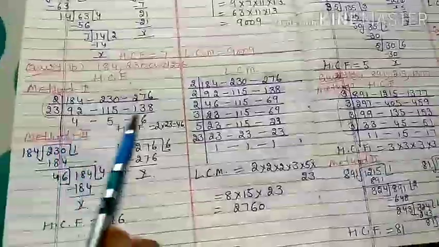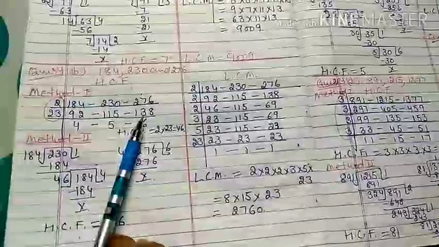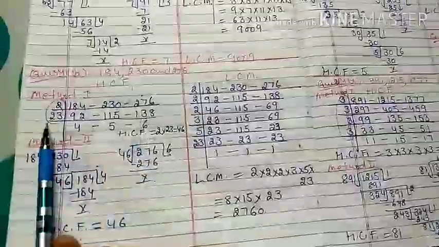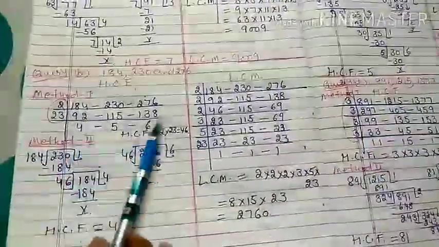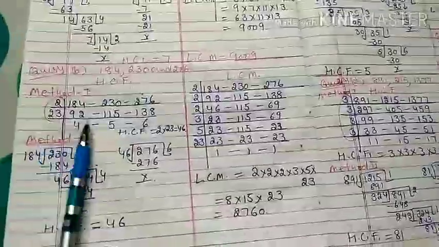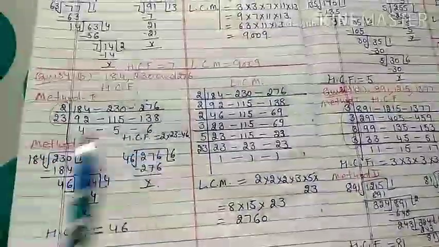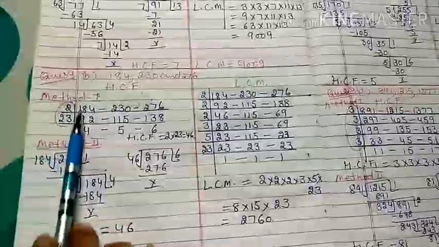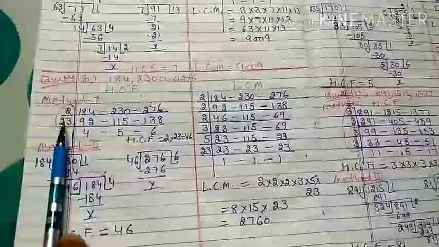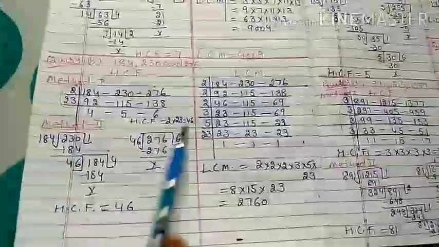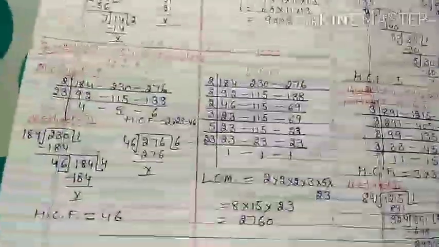After that, the terms are not divisible by 3, 5 or any other number. The common table of these three terms is 23. 23 4s are 92, 23 5s are 115, 23 6s are 138. So when you multiply 23 into 2, that gives you the HCF. If you go with this division method, you get 46 as the HCF again.